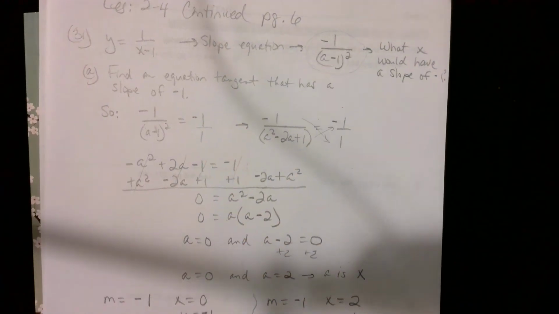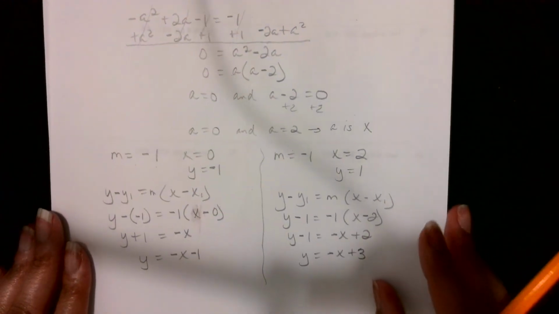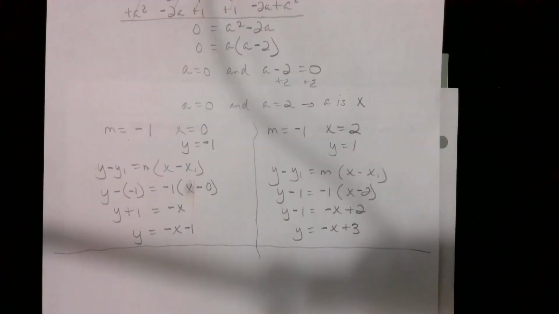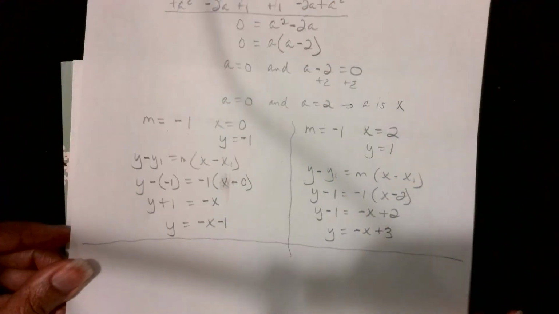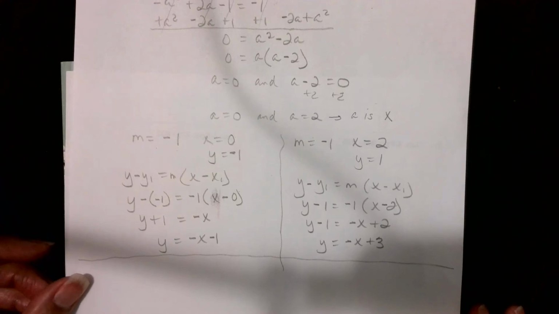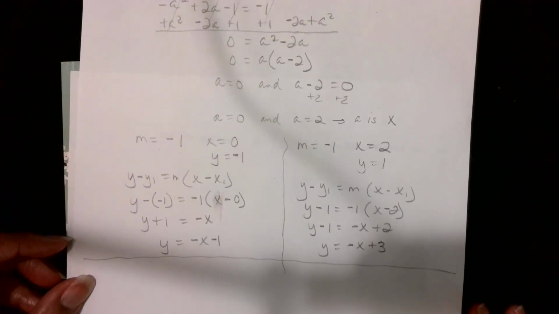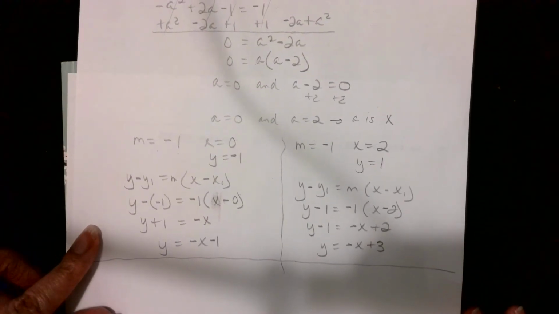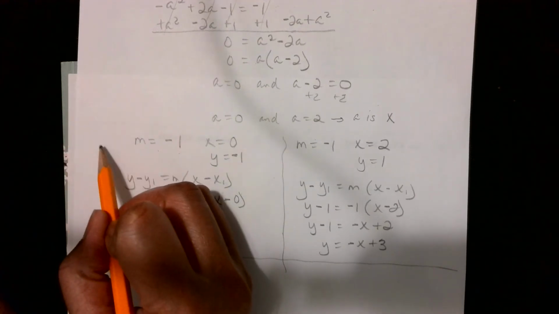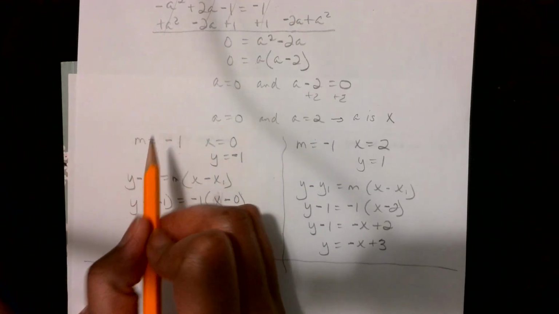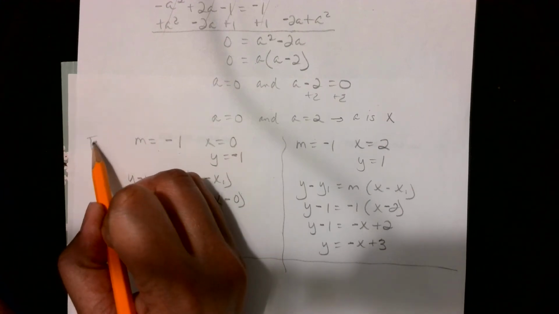All right, so let's hit it. Let's do 31b. I'm going to see if I can squeeze 31b right under 31a because it's just changing the slope to positive 1. So this is tangent.